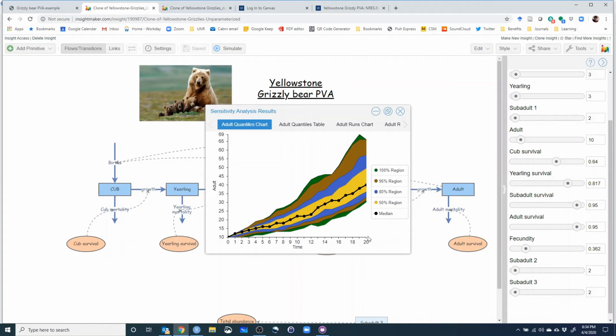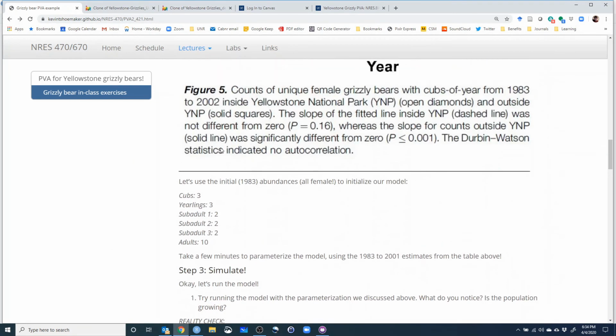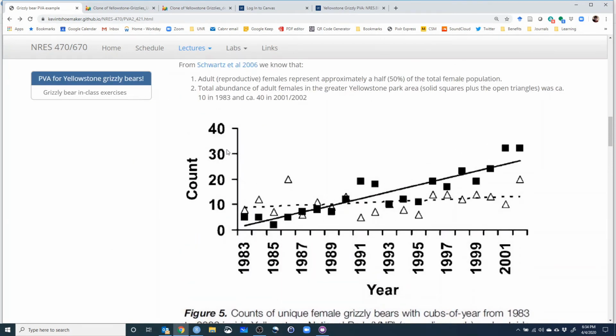But then 20 years later, in 2001, 2003, I think we have information that there were approximately 50 or so total individuals in the population. We can look at that from this figure here. We can count up the total number that were in the park proper and in the general area, add those up, and we get something like 55 or so.